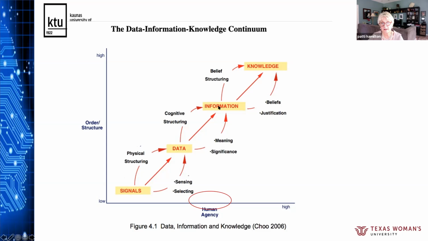Now, moving from information to knowledge, again, we're moving to the right on the x-axis and increasing the human agency: the wisdom, the philosophy, the ethics that go into turning information into knowledge. We are now moving from physical structure to cognitive structure to our belief structuring.